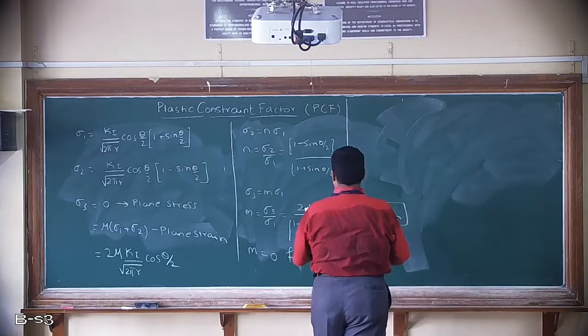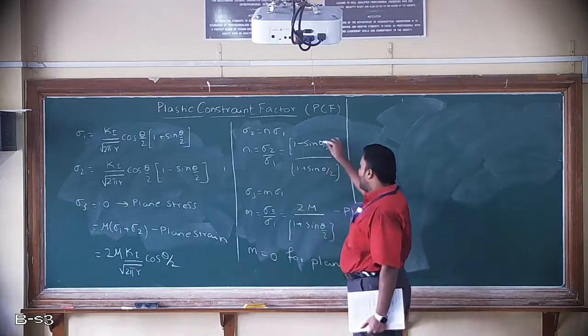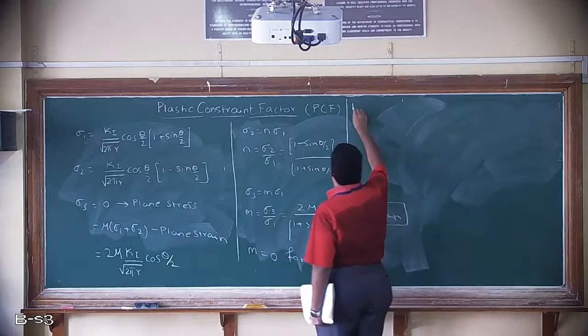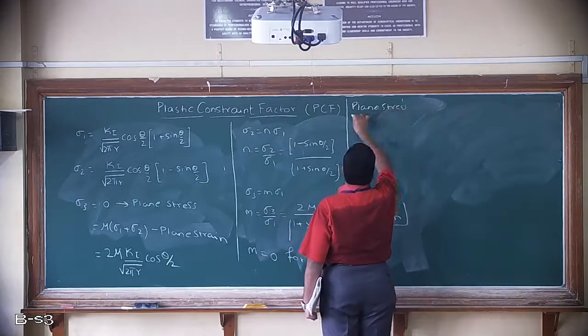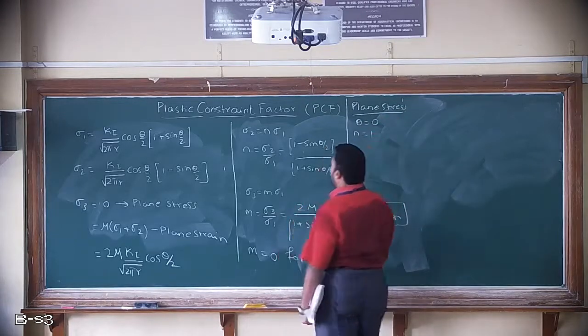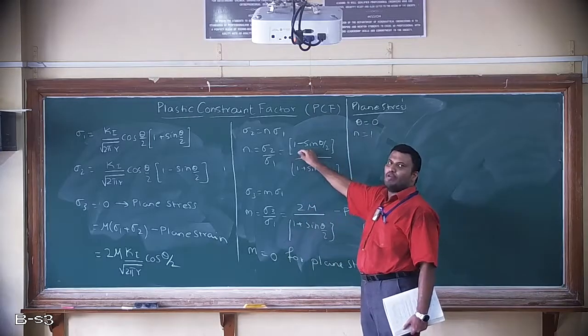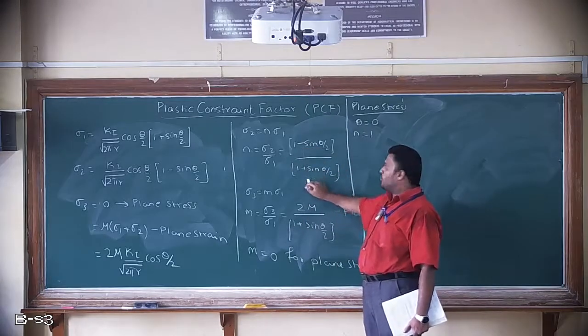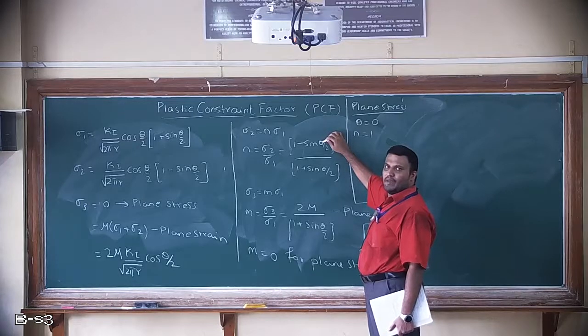So next we shall see plane stress when theta is equal to 0. So now here we have the terms with theta. So first we shall take plane stress when theta is equal to 0. We have n equal to 1, because the 2 terms cancel. So minus sin theta by 2, when theta is 0, this will be 0.